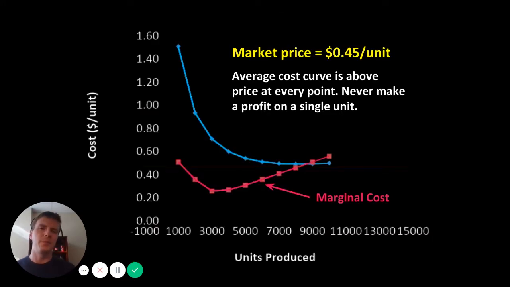This happens because the average cost curve is above the price at every single level of production, which means there's never an opportunity for us to make a profit on a single unit. No matter what level of production we're producing at, we're never able to sell it at a high enough price to make our money back, to pay for the actual cost of producing it.